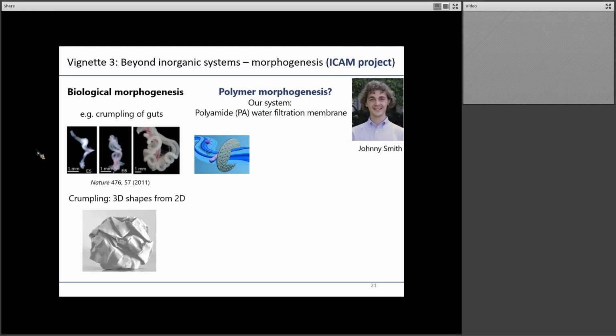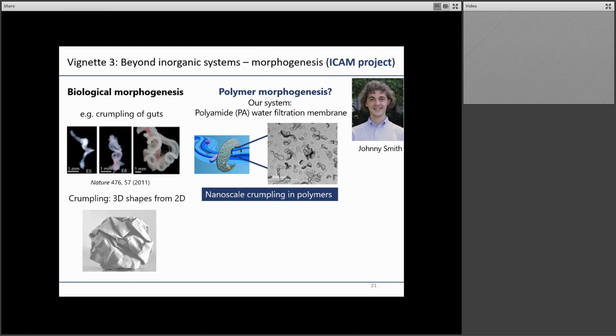So here you can see a schematic of the polymer film, which indicates a very flat film. But if you zoom in with TEM, you can see the film actually has a lot of three-dimensional crumples and very rich nanoscopic morphology. It actually has been shown that those crumples really determine solvent permeation and solute filtration.